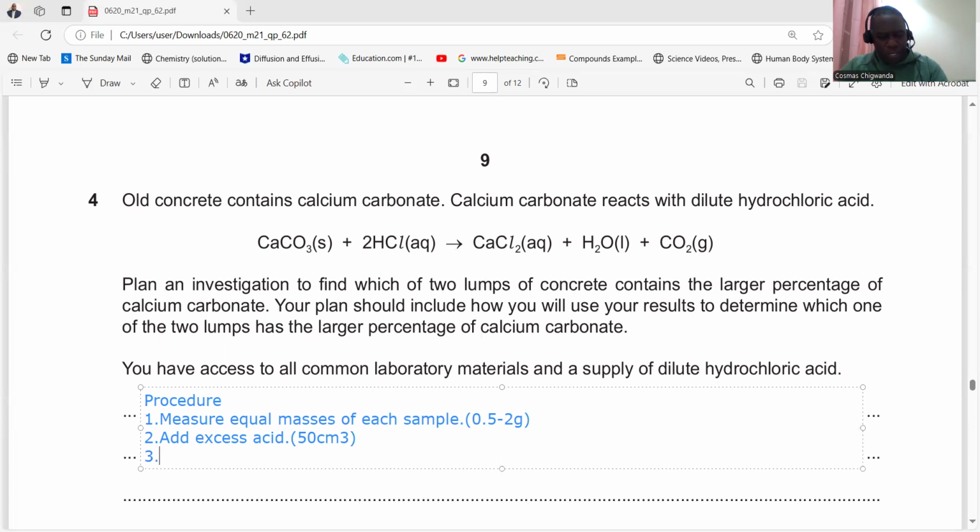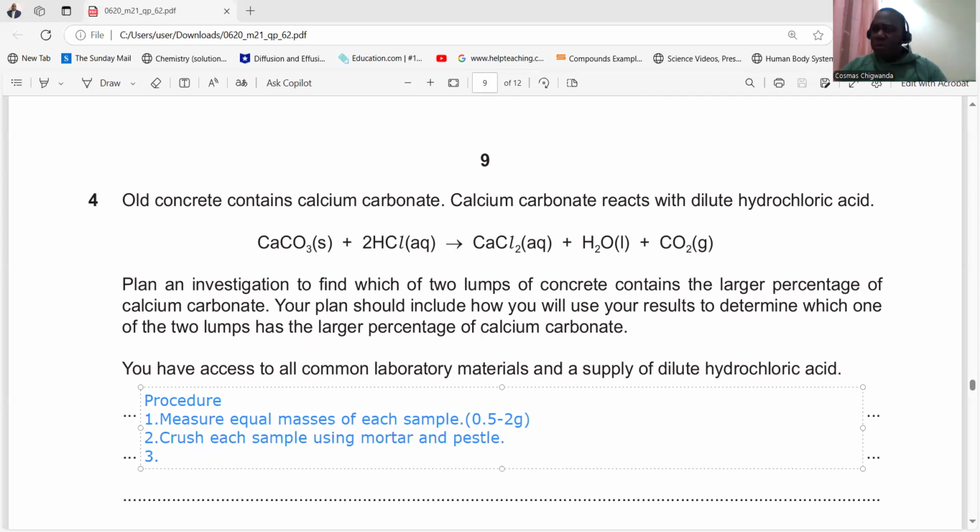Okay, so on number 3, sorry, I've just skipped a stage here. We measure equal masses, but for us to be successful, let's just remove this and we are just going to say crush. Because remember, this is concrete. So we crush each sample using mortar and pestle.